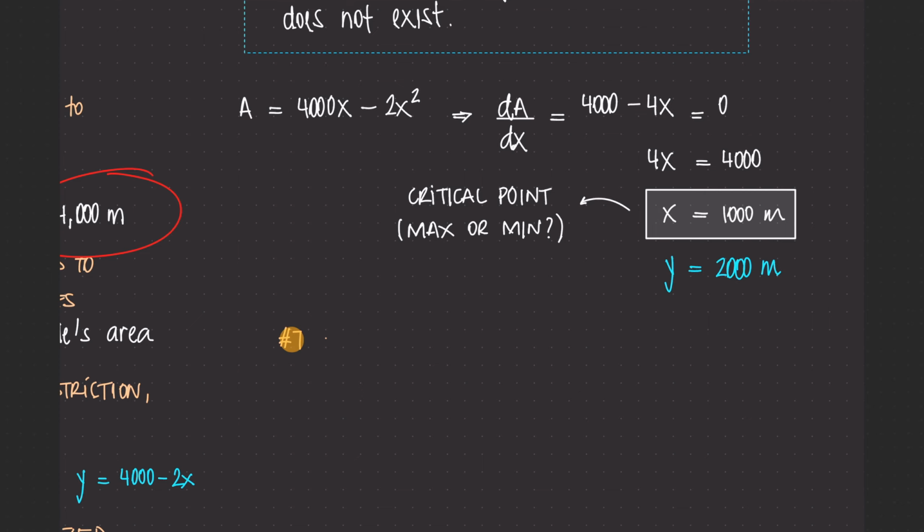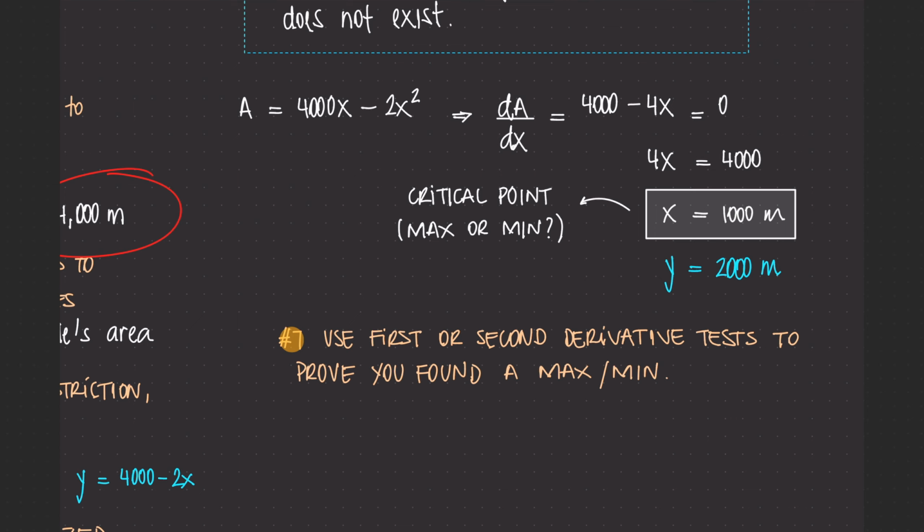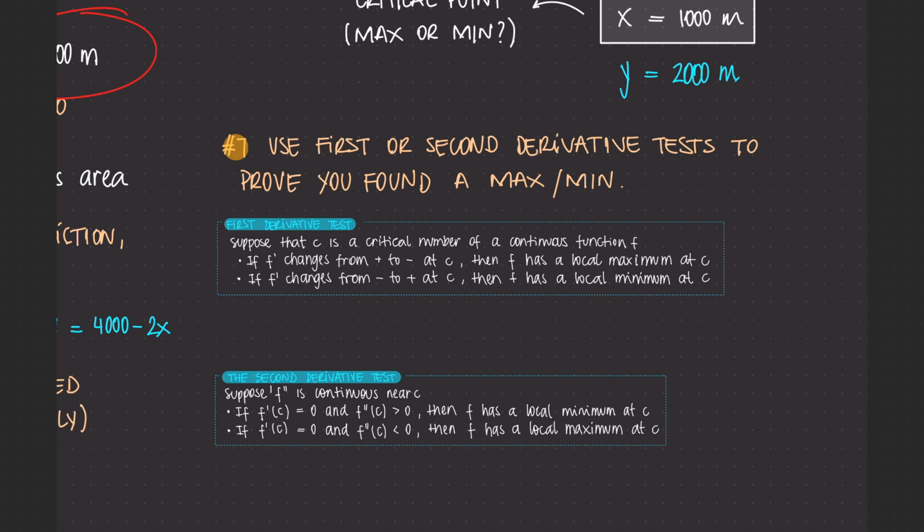So step number 7 is to use the first or second derivative test to prove you found a max or a min. Depending on the problem, in this case we're finding a max, so we've got to prove that we actually found a max. Now, how do the first and second derivative tests work? For the first derivative test, suppose that you find a critical point, which we're labeling c, in a continuous function f.